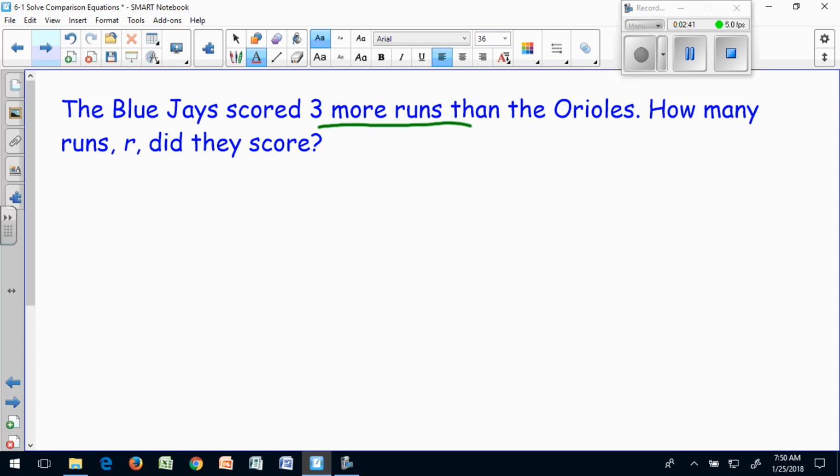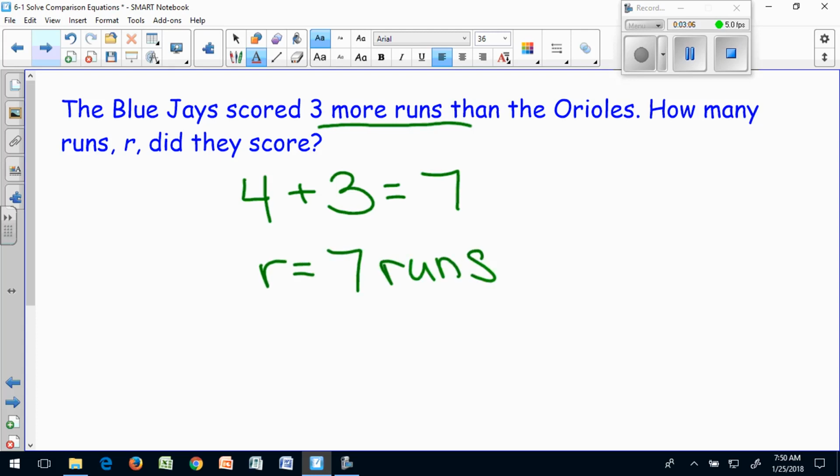So that tells me that I'm going to be adding, because when I just add more, I need to use addition as my operation. So my Orioles have 4. My Blue Jays have 3 more. That means that my Blue Jays have 7 runs. So R in this problem equals 7 runs.